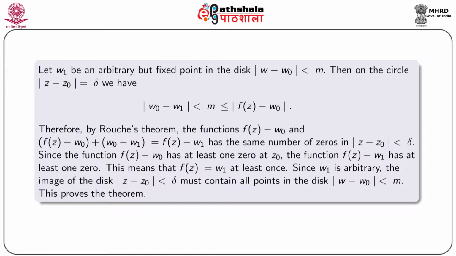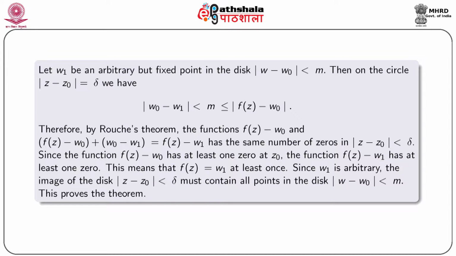Since the function f(z) minus w0 has at least one zero at z0, the function f(z) minus w1 has at least one zero. This means that f(z) equals w1 at least once.